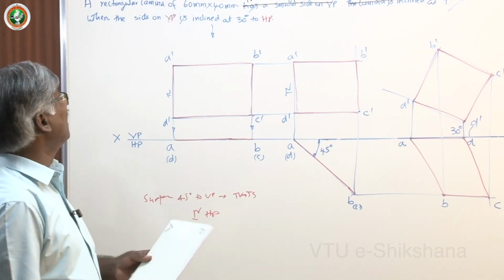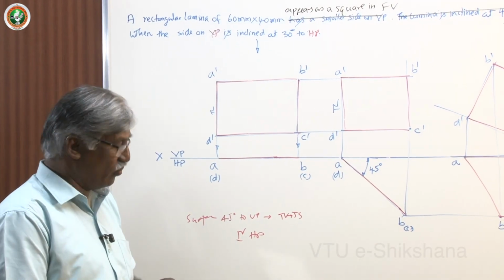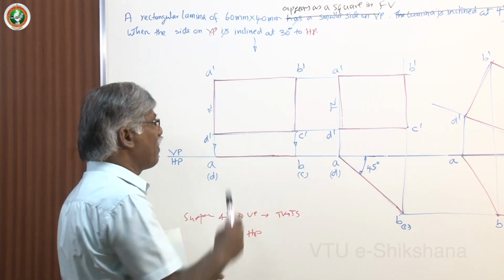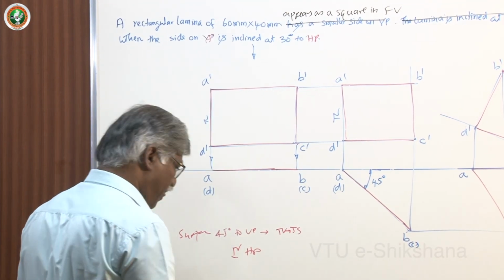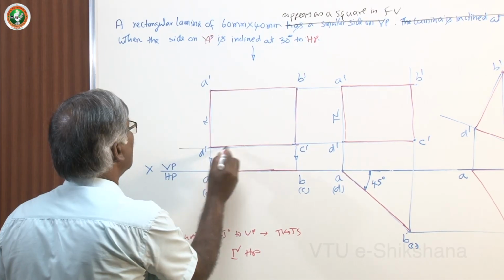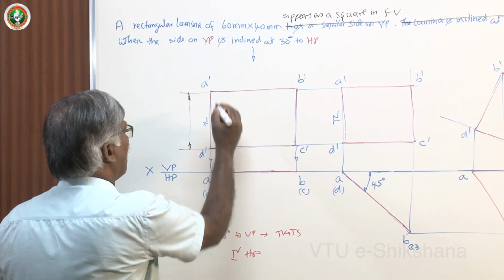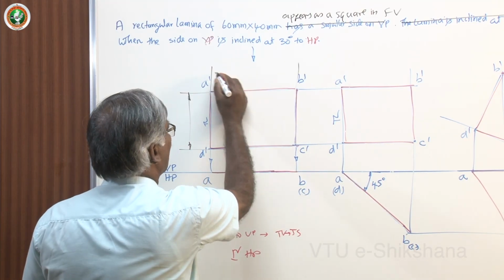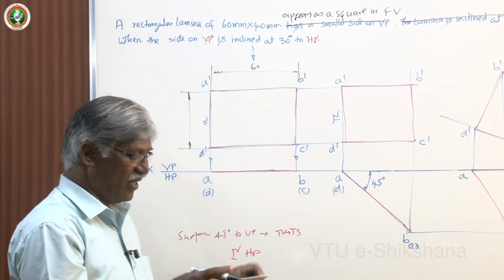Suppose that rectangular lamina of 60 mm by 40 mm appears as a square in front view means, see, you can observe here, in this particular case, I have 40 mm shorter edge and 60 mm longer edge. Suppose that I keep like this.